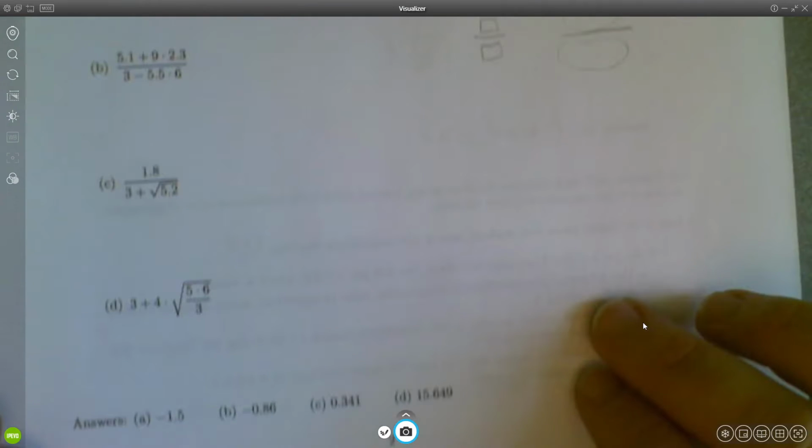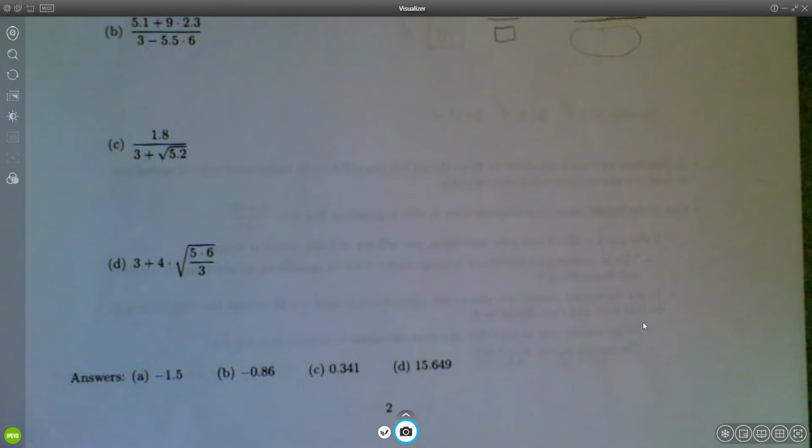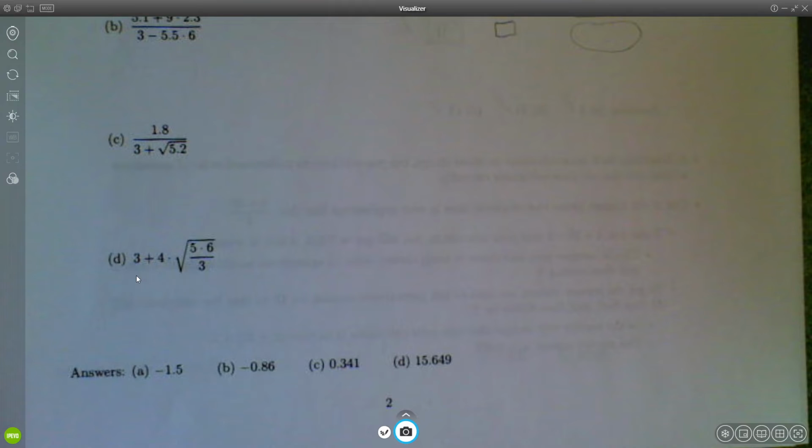Okay, last one, part D. We have 3 plus 4 times the square root of 5 times 6 divided by 3. So I think I can do this whole thing without using any parentheses at all, except that the Google calculator is going to open up a set of parentheses here, which it should in this case. So actually I will have one set of parentheses.